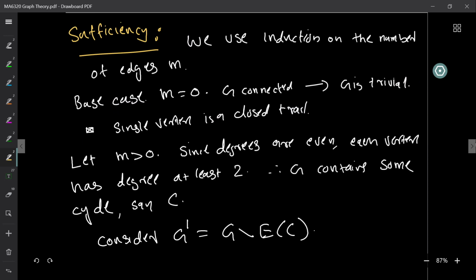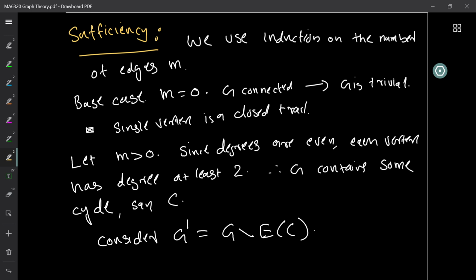So we just start with this cycle. Pick an arbitrary cycle, any cycle that you want. Let us say that C is the cycle that you found, and we are going to construct our Eulerian tour based on this cycle.